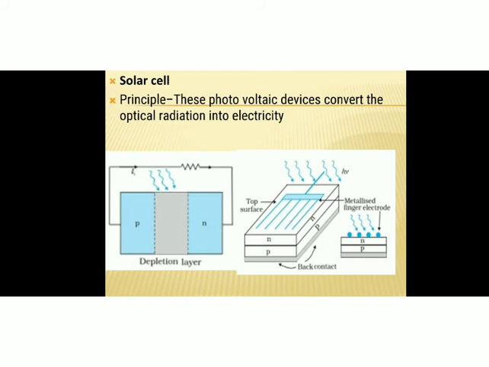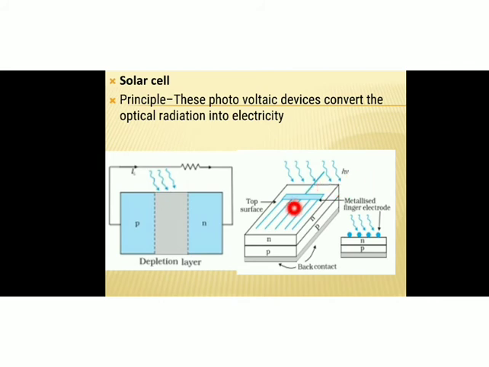And also one more thing, electron hole pairs are not generated for all the photons falling on the surface. Electron hole pairs are generated only for those photons having energy greater than the energy gap.